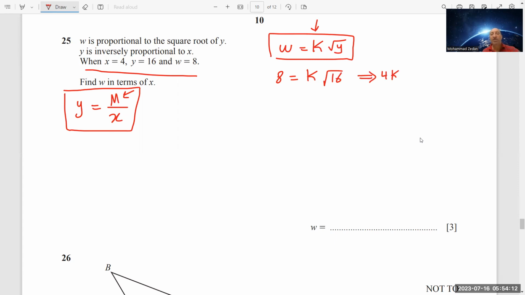It means 4k is equal to 8. Consequently, k is 2. So the equation is w equals 2 root y. Here, if you put y is 16 and x is 4, the m is 4 times 16, which is 64.